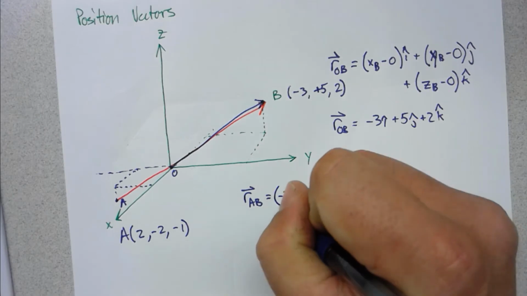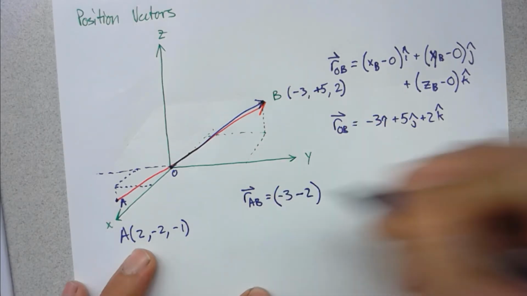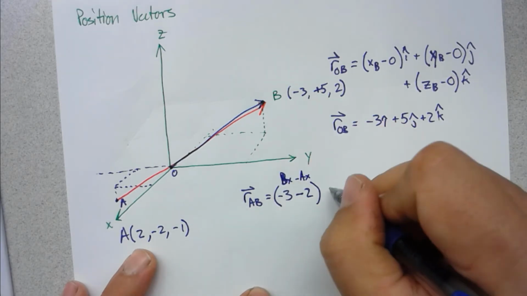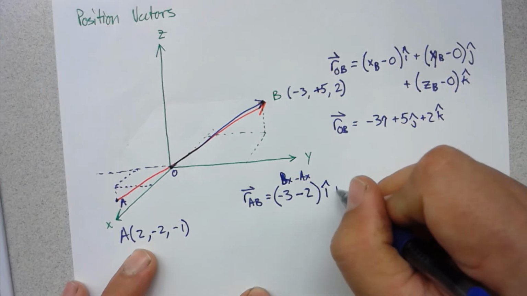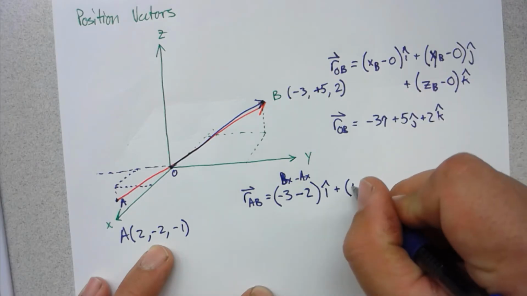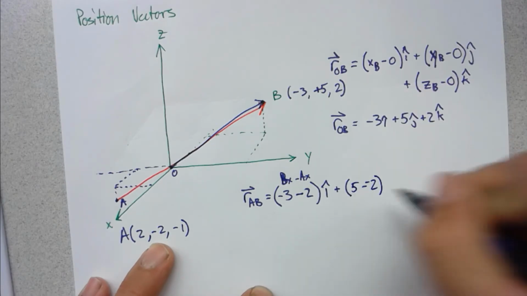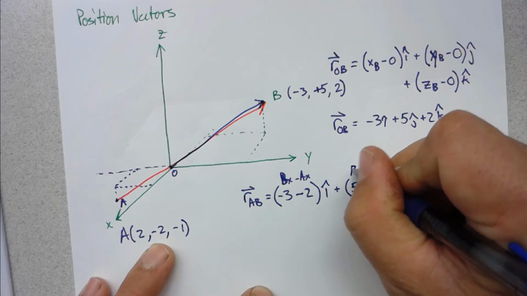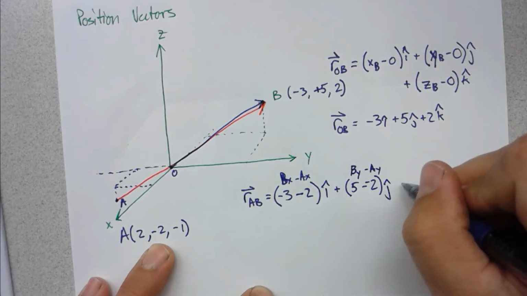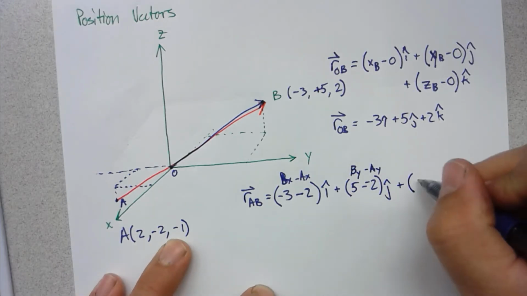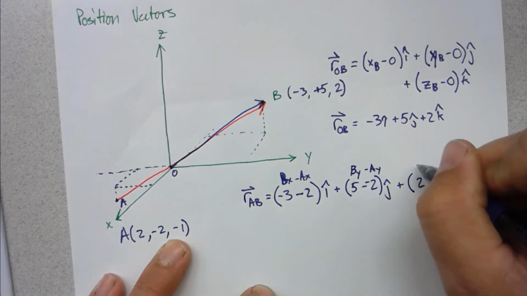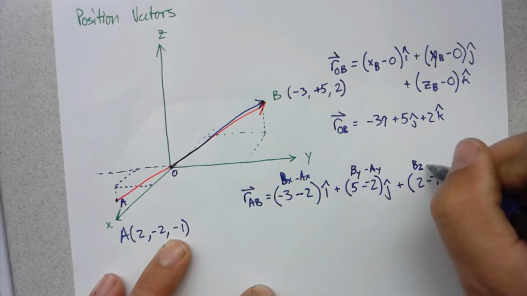So this is B in the x minus A in the x, I hat, plus 5 minus -2, that's B in the y minus A in the y, j hat, plus 2 minus -1, k hat, because that's B in the z minus A in the z.